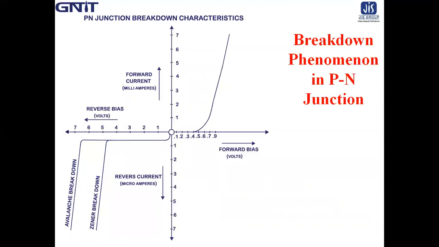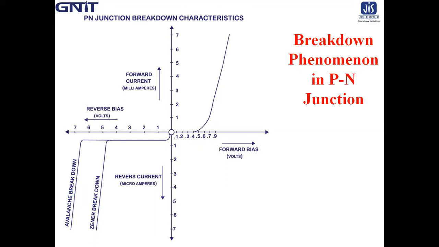And the question is why this breakdown occurs. The reverse breakdown in a PN junction takes place due to two physical mechanisms, called zener breakdown and avalanche breakdown. Zener breakdown occurs in heavily doped PN junction through tunneling process at low reverse voltage up to a few volts.